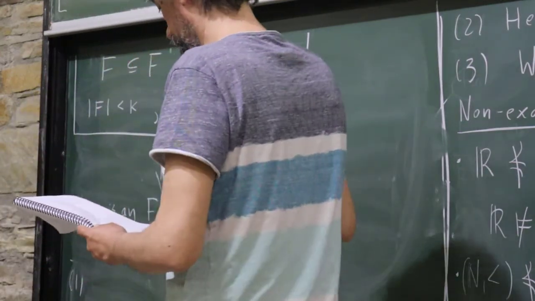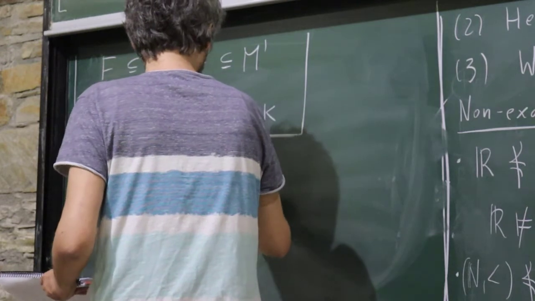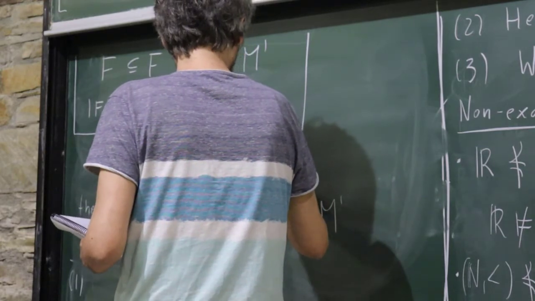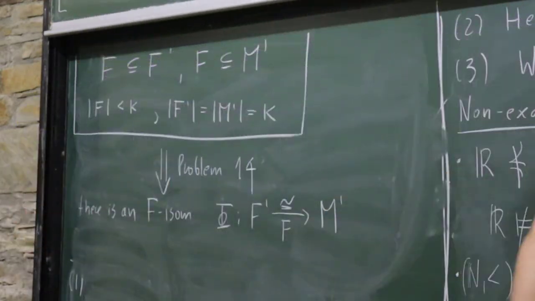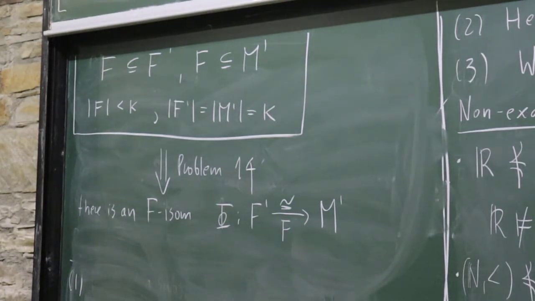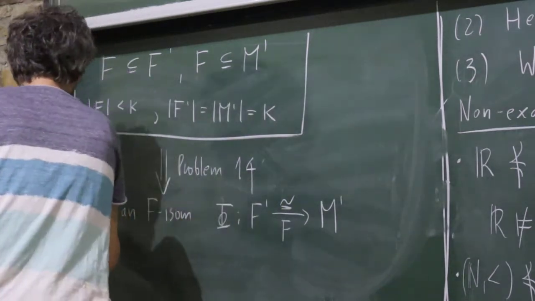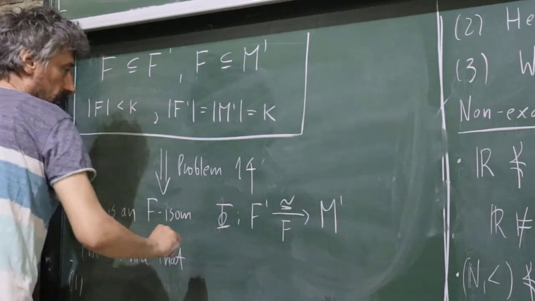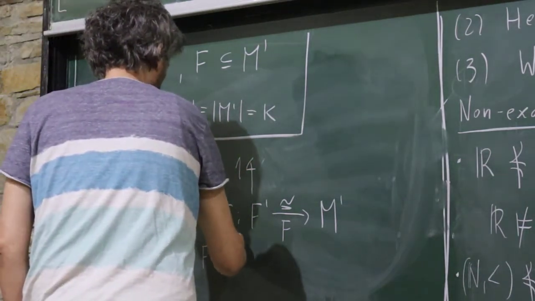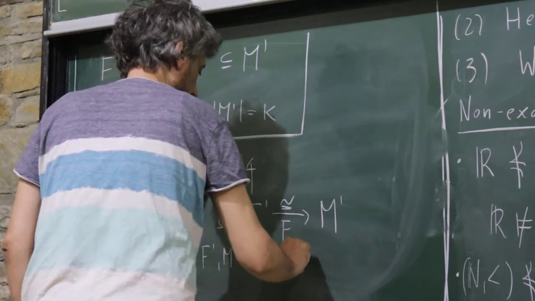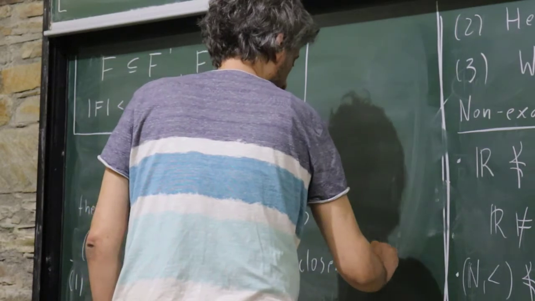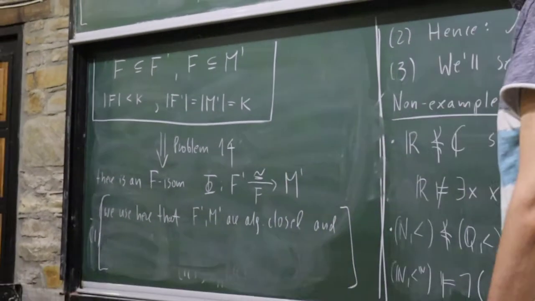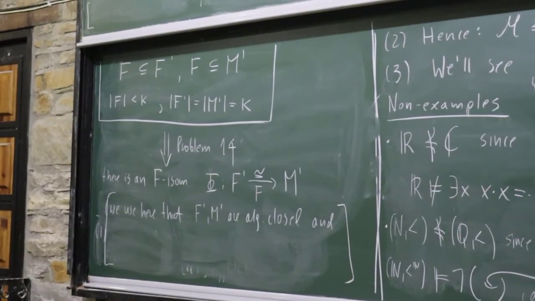So this is something specific to fields. Okay, so we use that F prime and F double prime are algebraically closed, and I'm giving here a kind of hint of what kind of things you have to know from field theory.